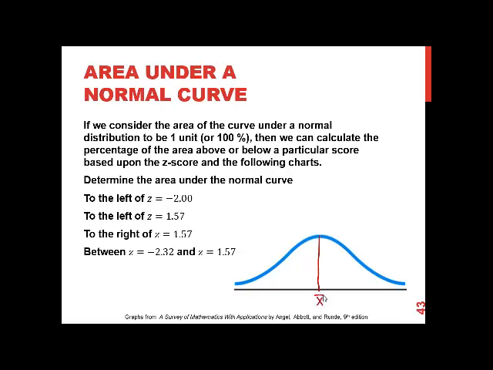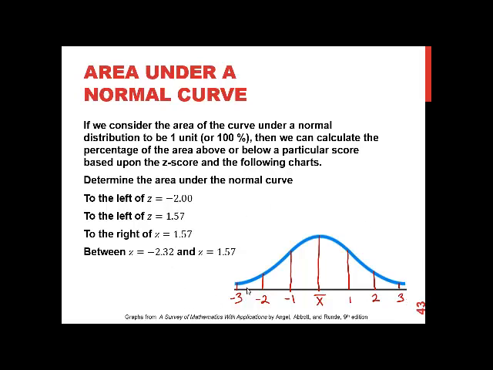Well, here's our x-bar, and if this is 1 standard deviation, that would be a -1 z-score. This is 2 standard deviations, that would be a -2 z-score. This would be a -3 z-score. A 1 z-score for 1 above, a 2 z-score for 2 above, and a 3 z-score for 3 above.